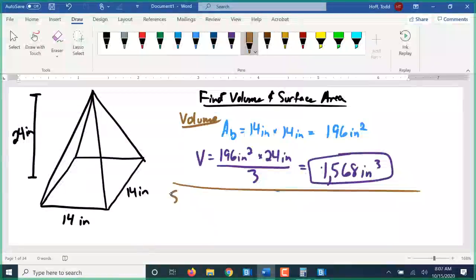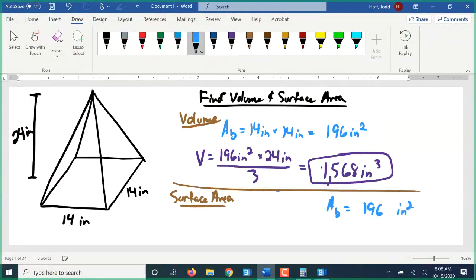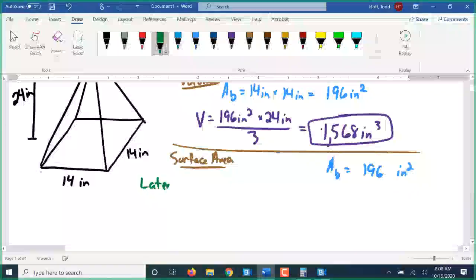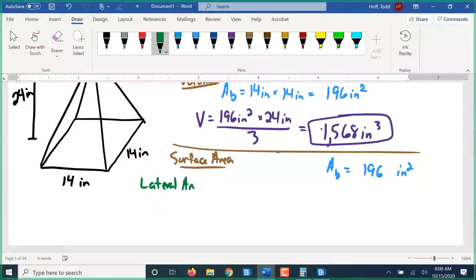For surface area, the area of our base is 196. There is only one of them on this figure. For lateral area, we have the perimeter of our base, 14 inches times 4, which is 56 inches.